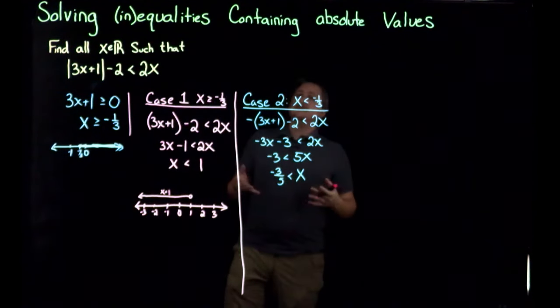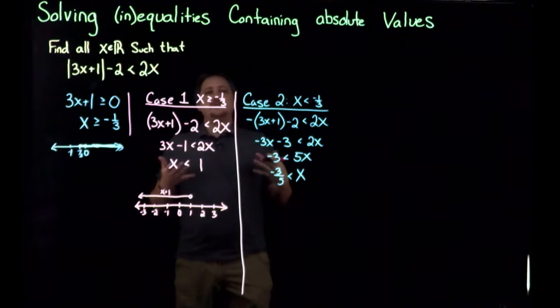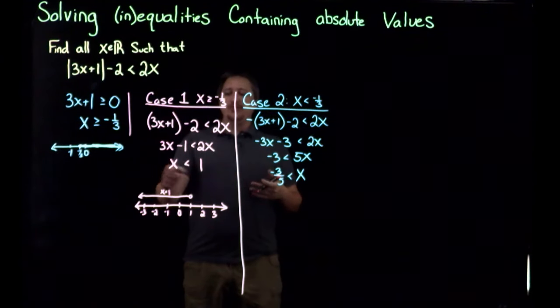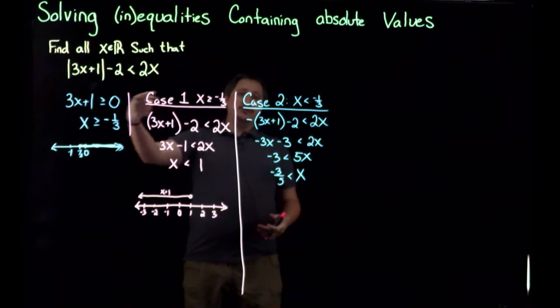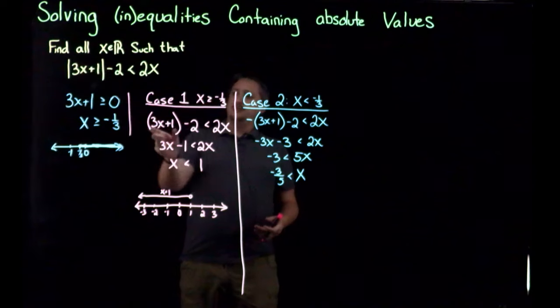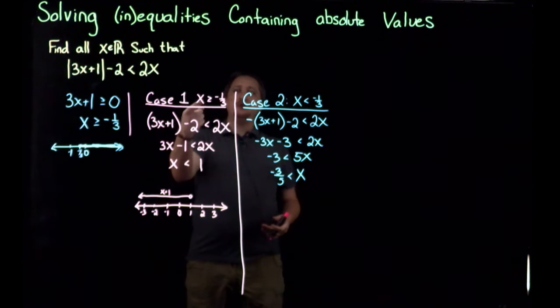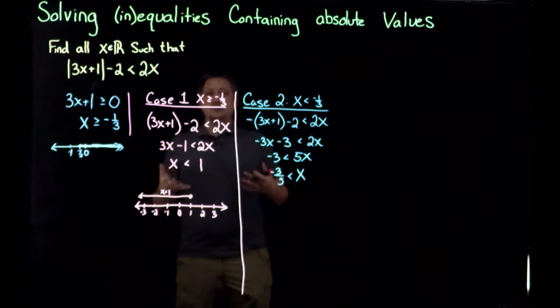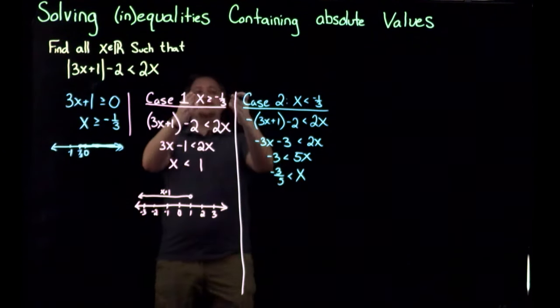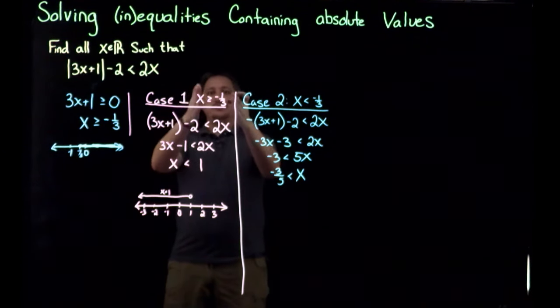But I'm making that clear because the thing that's easy to forget is that this is a solution under this assumption, right? The only reason why we can just replace the absolute value with parentheses is if we know for a fact x is greater than or equal to negative 1/3. So the extra step that you need to do is to also graph the assumption.